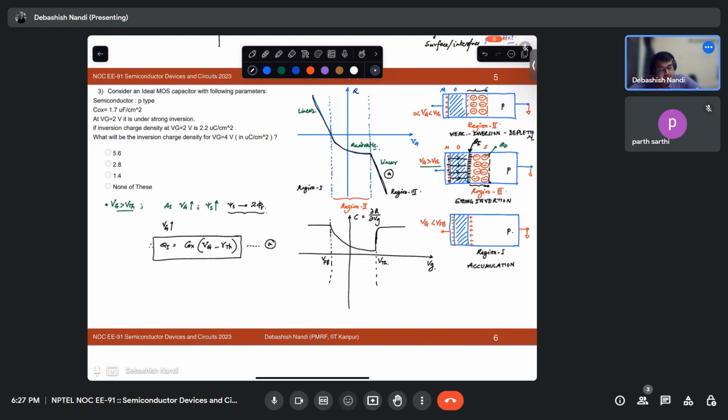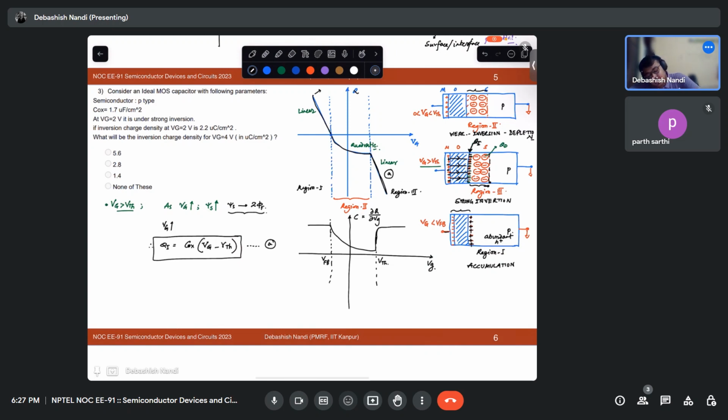Accumulation means what? If I apply some negative voltage, I will have abundant holes, right? Some of the holes from this substrate will be attracted to the surface. So this will be just like a parallel plate capacitor.